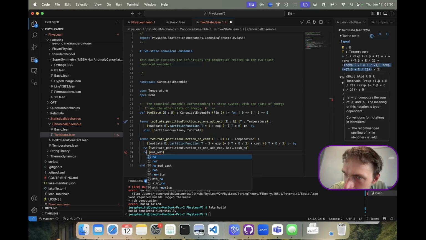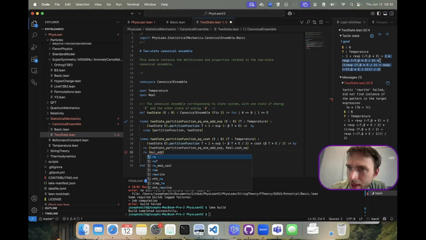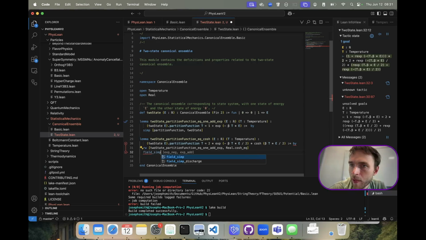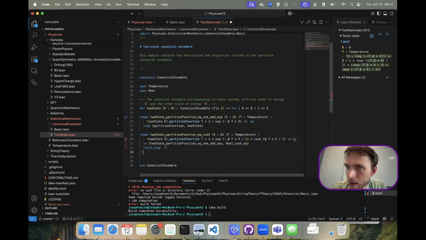This is not working. What I'm trying to do here is distribute this multiplication over this addition. And I just realized why it's not working. It's because of this 2. So if I go field simp, hopefully that gets rid of that 2. It does.